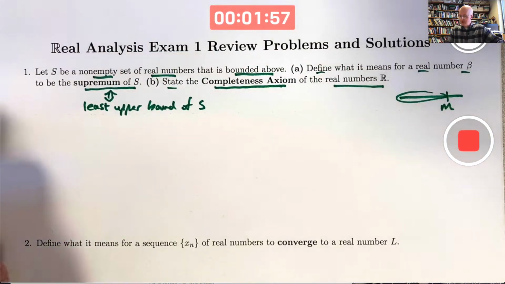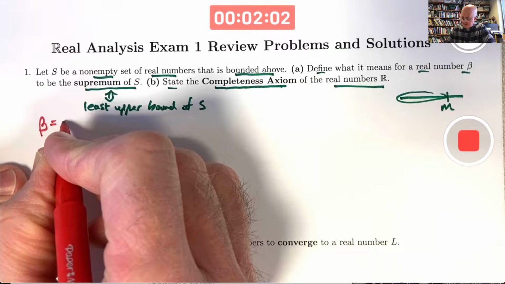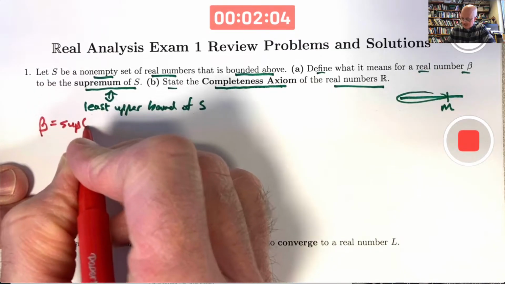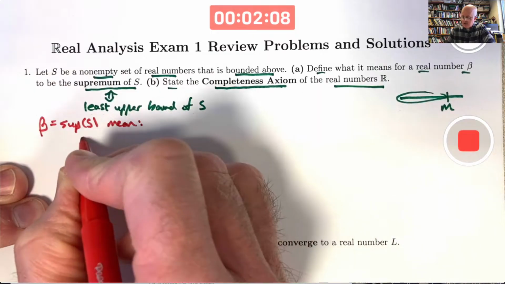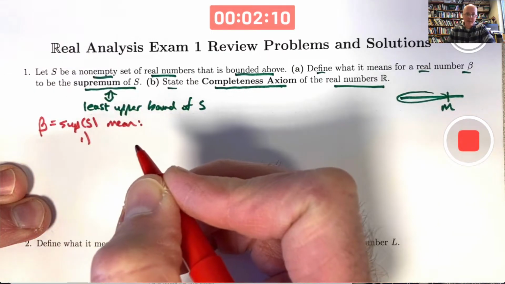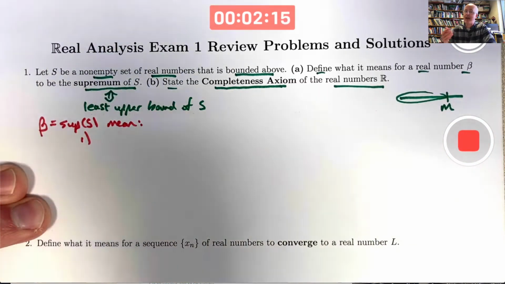We're going to go ahead and write beta to be the supremum of S, written sup S. What does this mean? It means two things. Beta is an upper bound of S, and it's the least upper bound of S, but we should really tease out what that means specifically, precisely.